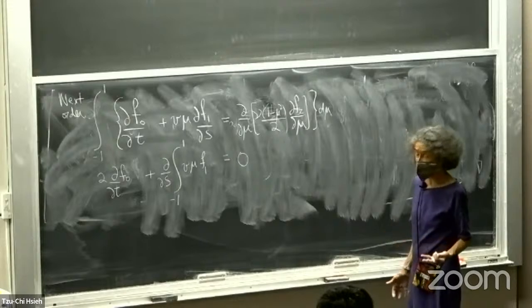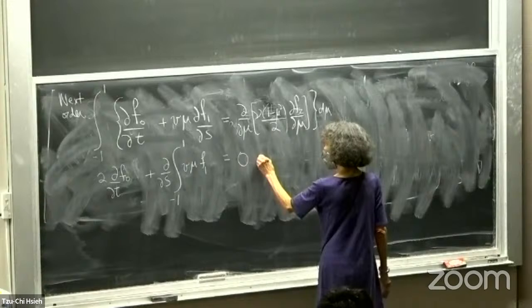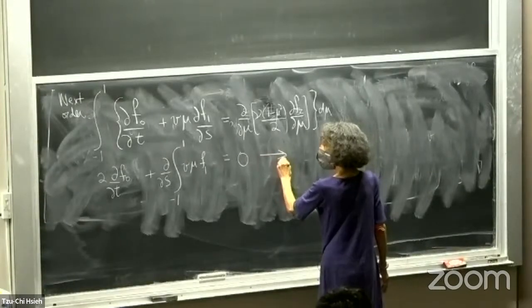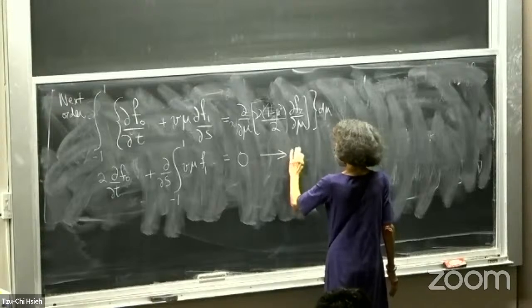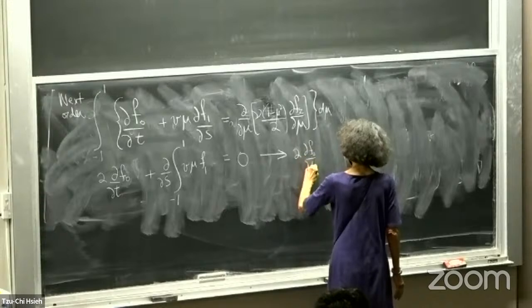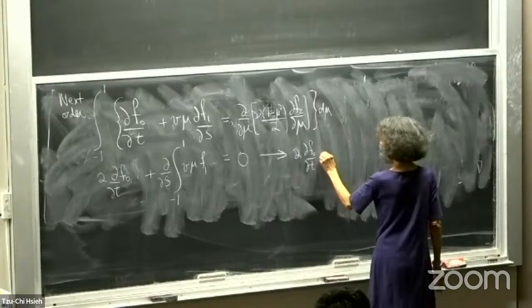We just have an expression for dF1/dmu. So let's write that as 2 partial F0 partial t. And now I'm just going to play a trick.